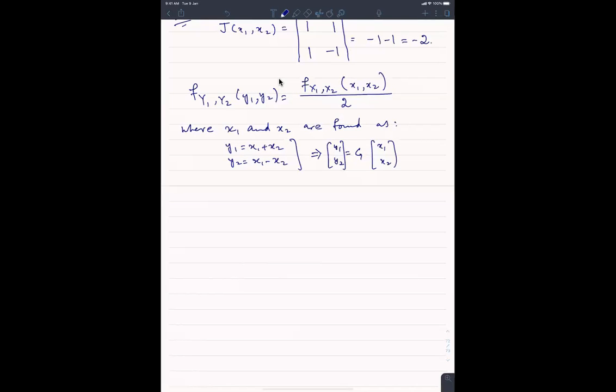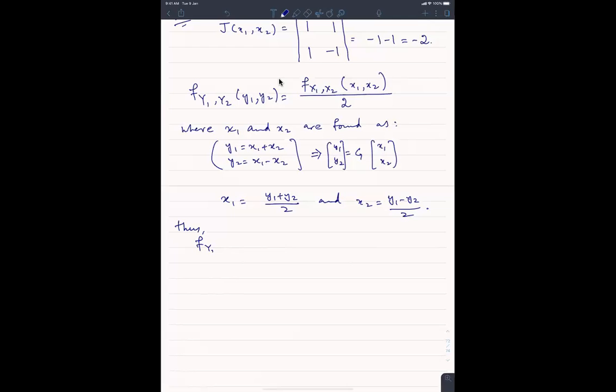So (x1, x2) would be equal to g inverse of (y1, y2). Or directly in this case, just solve these two: add them, and you will get x1 equal to (y1 plus y2) over 2, and x2 would be equal to, subtracting, (y1 minus y2) over 2.